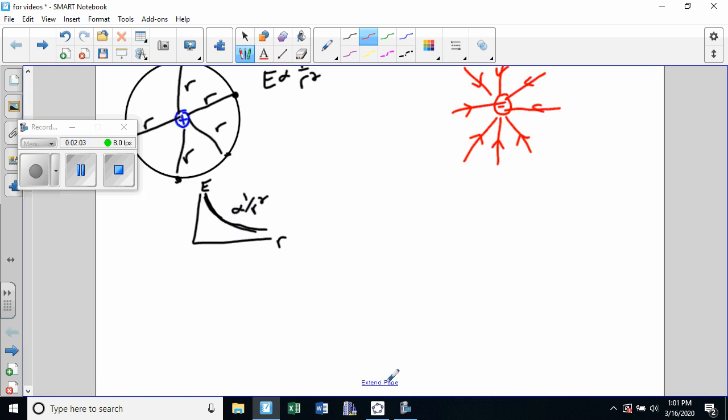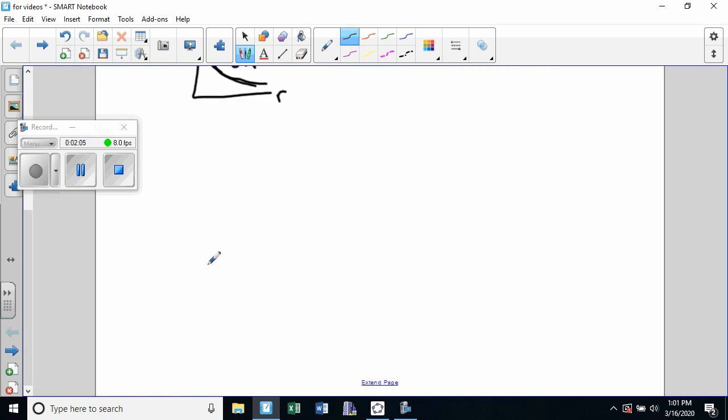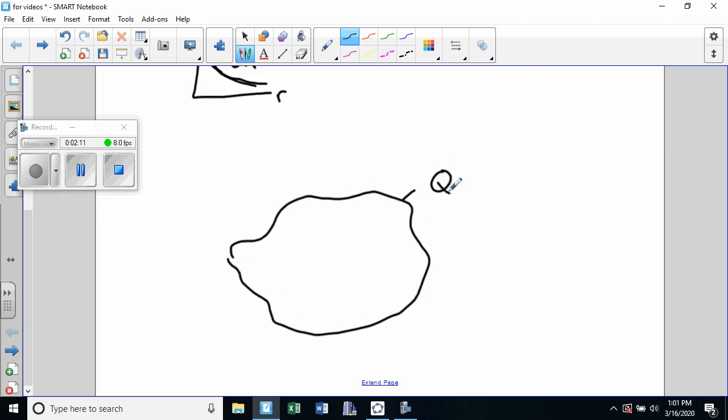But now we get into a little bit more complicated geometries. Maybe you've got some weird mass of charge, and it's got a total charge of plus q. Well, the electric field is going to look weird. It's going to look different because this is not a very symmetric object. The one thing we can say is that electric field lines are perpendicular to the surface of the object.